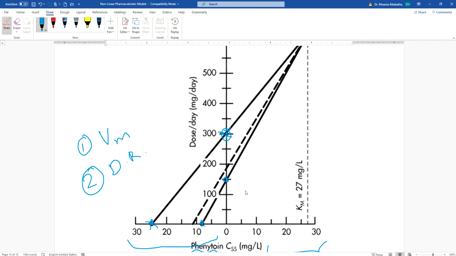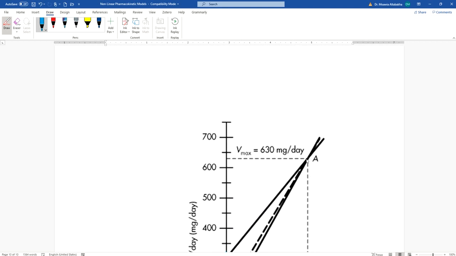If it were first order, not Michaelis-Menten, they would be parallel to each other. But because they are following Michaelis-Menten kinetics, they will meet at a point. You see this point.